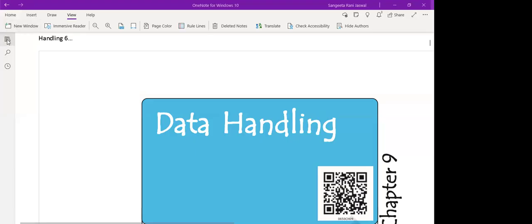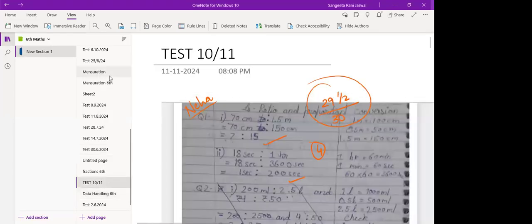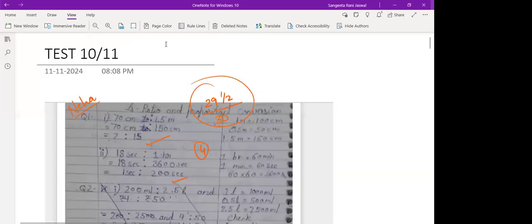Okay, I'm moving to the screen. You can see your test here. See, this is Neha's.